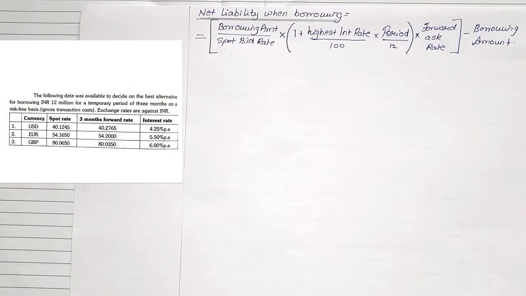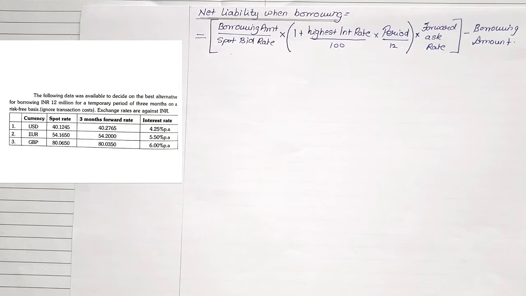Always remember, check what currencies they have given us. They're giving you USD, Euro and GBP. So we'll have to find the net liability of all the three currencies, and the one in which the liability is the least will be the selected one. Now remember the formula.